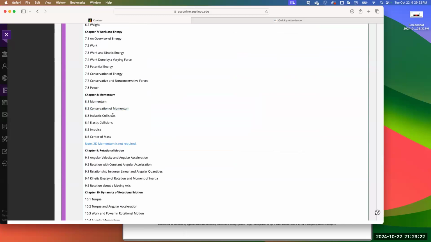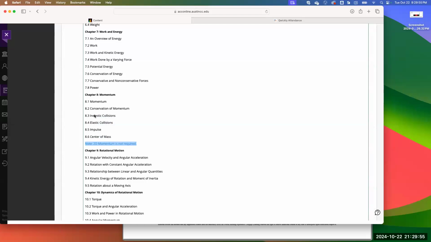These are sections 8.3, 8.4, 8.5, and 8.6: inelastic and elastic collisions, impulse, and center of mass, that we will be covering in this chapter. We don't need to do anything about two-dimensional. It's good to know if you learn it yourself, that's really good, but for this course we don't need to do that. So these are the things that we're going to do.